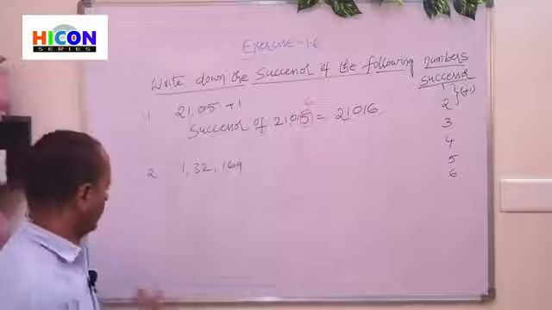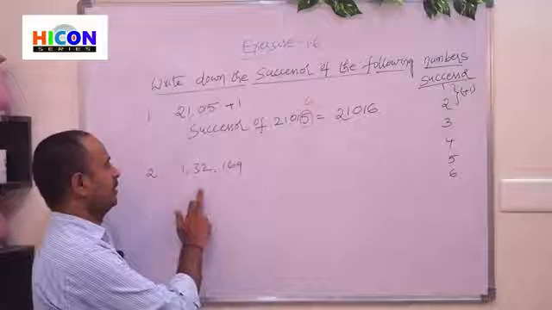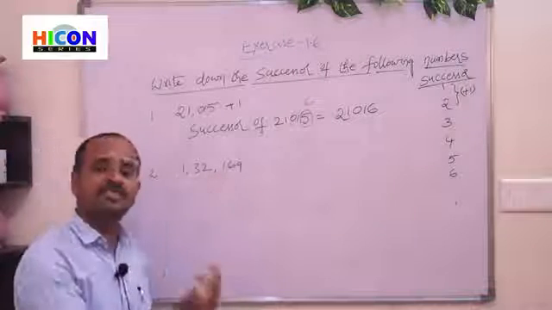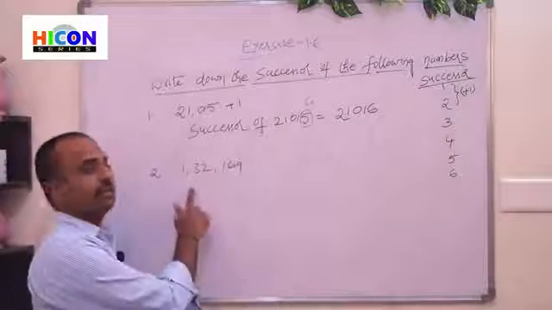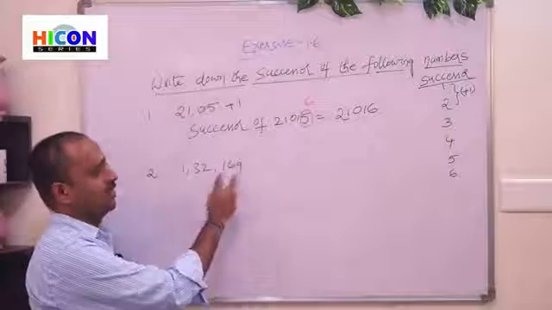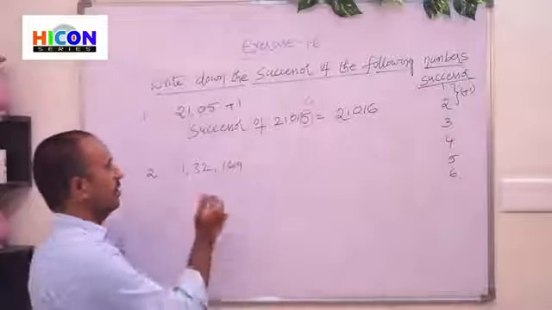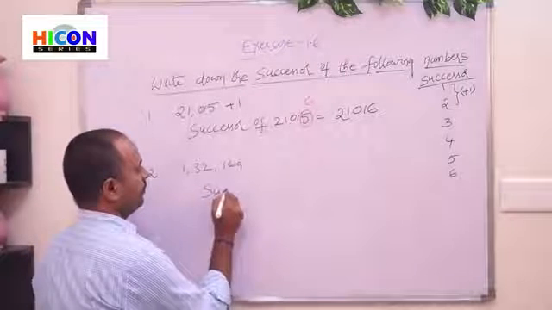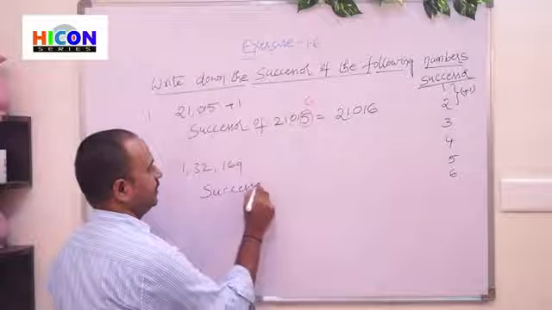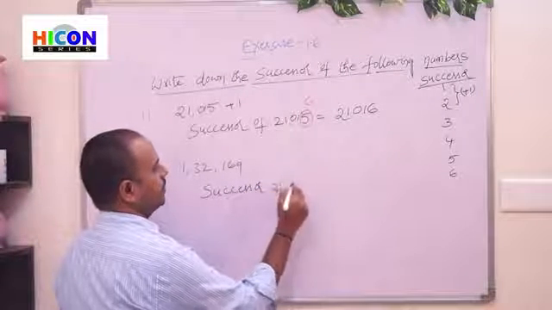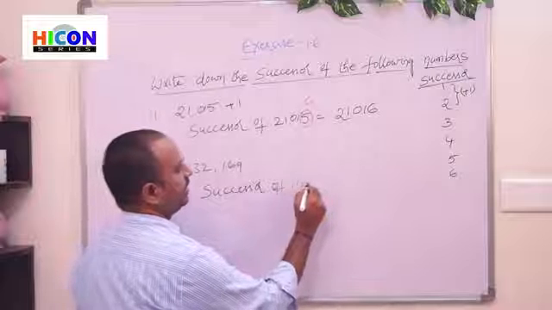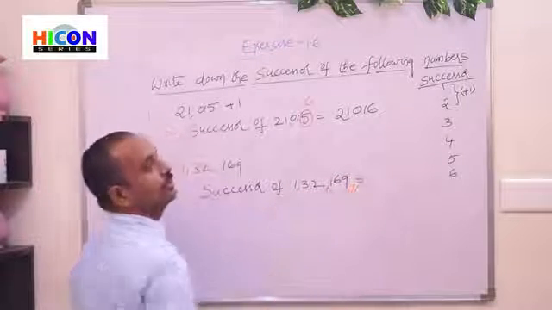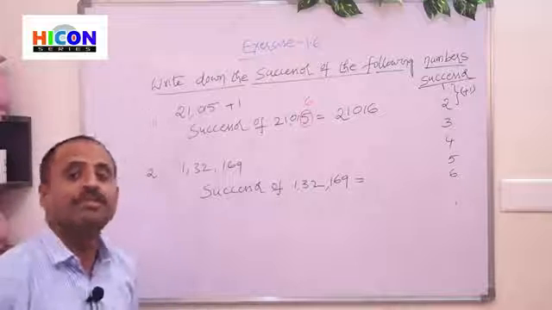So children, in the same way, see the second problem: 1,32,169. Now we have to write the successor of this number. Successor of 1,32,169 is equal to, children, how can we obtain the successor?